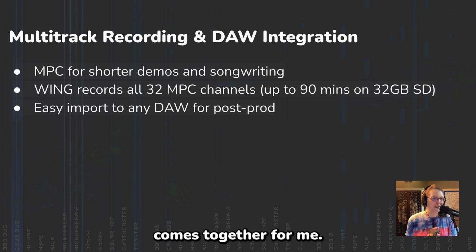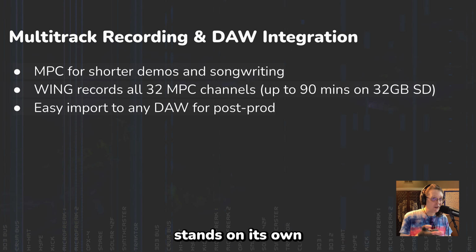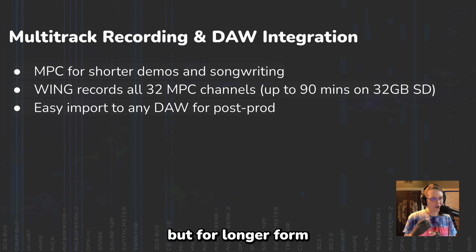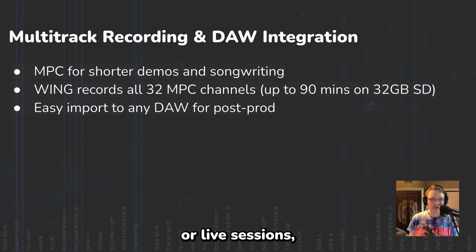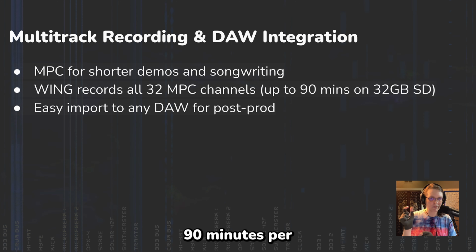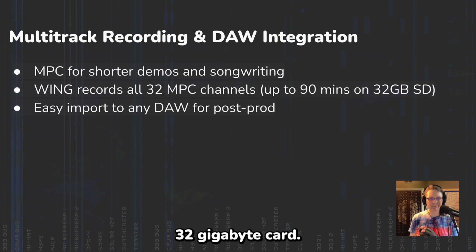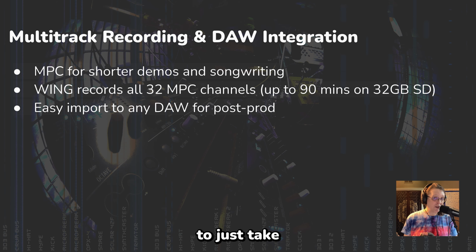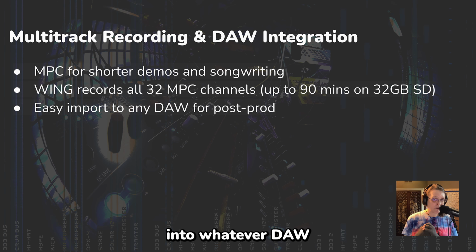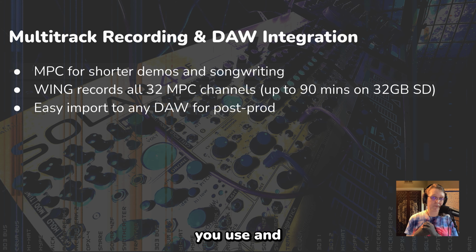So here's how it all comes together for me. For production work, the MPC stands on its own with a full-featured DAW-style workflow. But for longer form or live sessions, the Wing records all 32 MPC outputs. And as I said, that's up to 90 minutes per 32 gigabyte card. Afterwards, it's easy to take those tracks into whatever DAW you use and mix, edit, finish, or remix it.